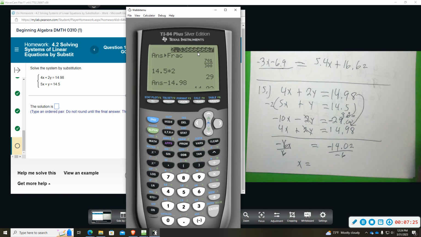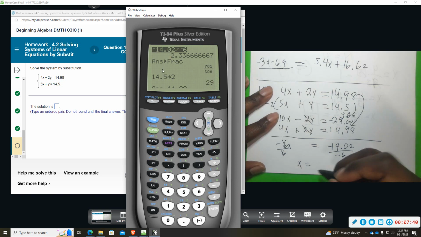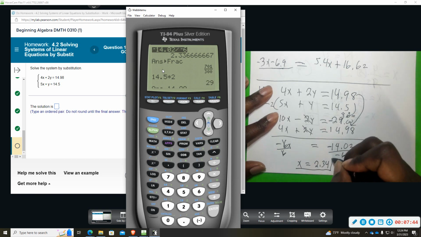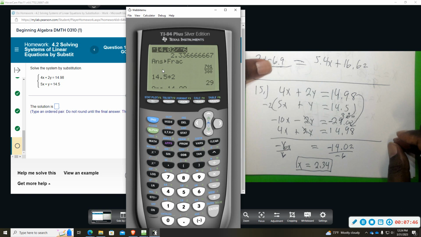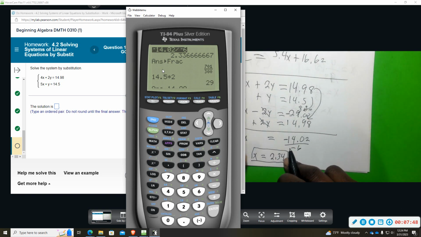So for my x, it wants me to round at the end to the nearest hundredth. So that's the second decimal place. So that's going to be 2.33, and the 6 is going to round it up, so 2.34. So I'm going to say x is 2.34.